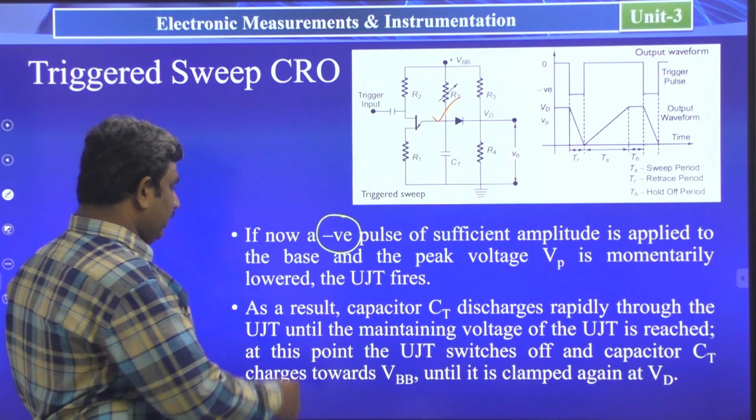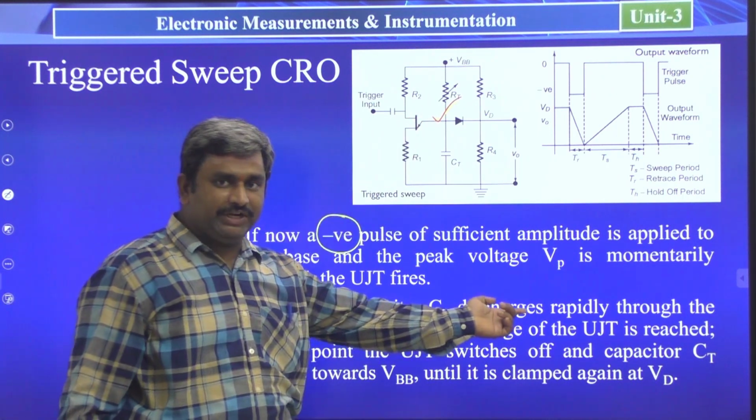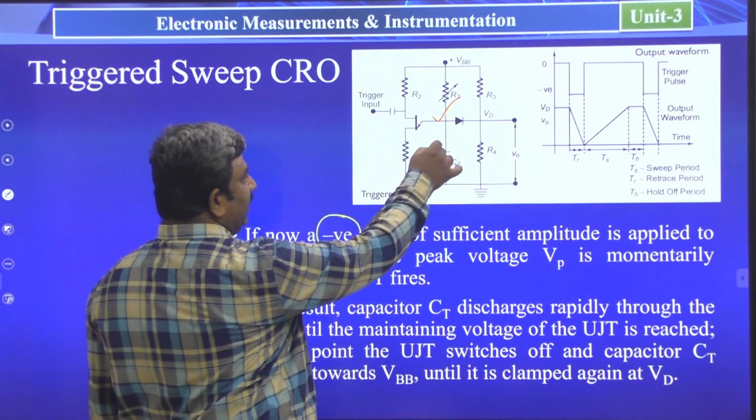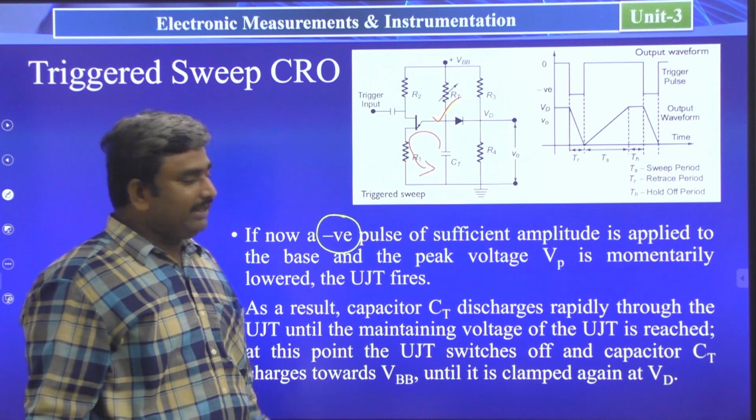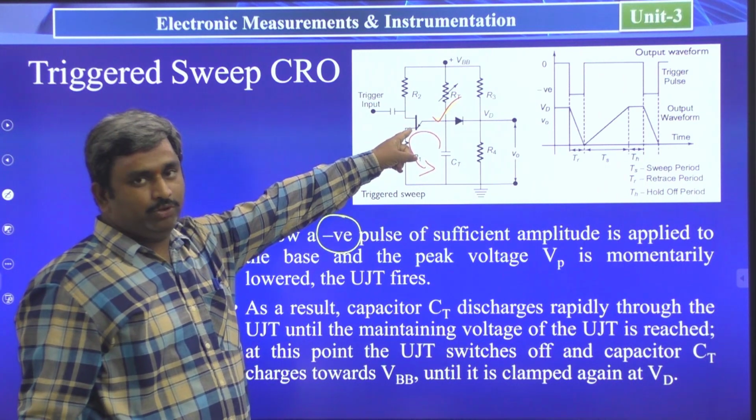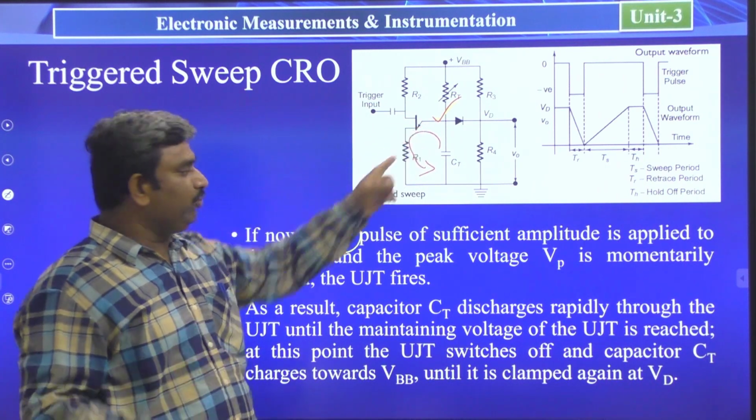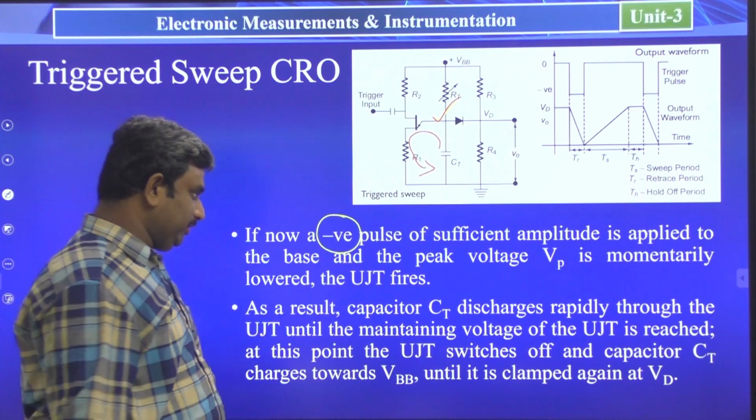As a result, capacitor CT discharges. When it is fired, the capacitor is going to be discharged in this direction. That is, for making the UJT on, you have to give a negative pulse with sufficient amplitude.